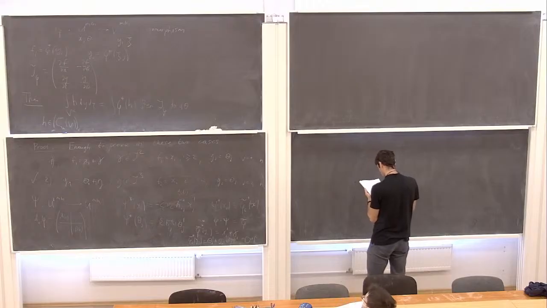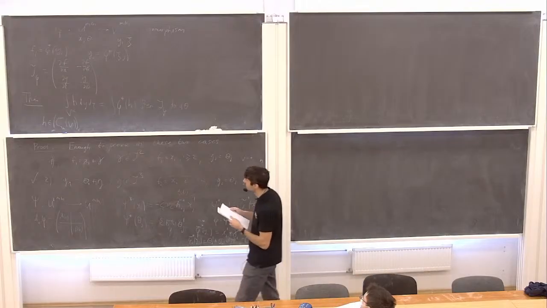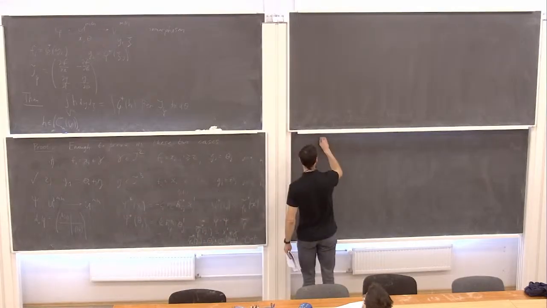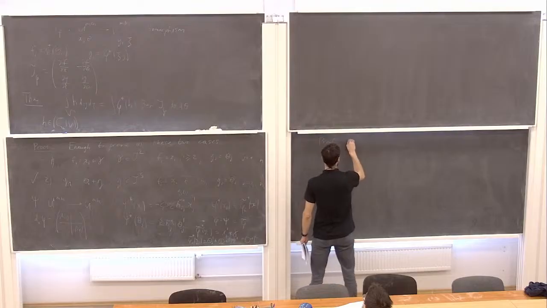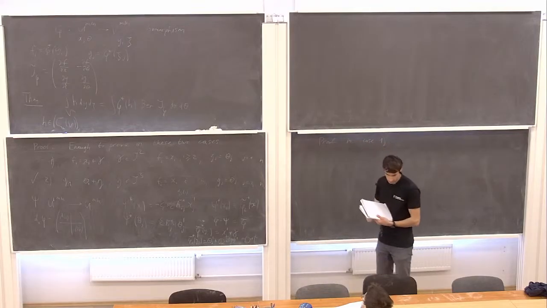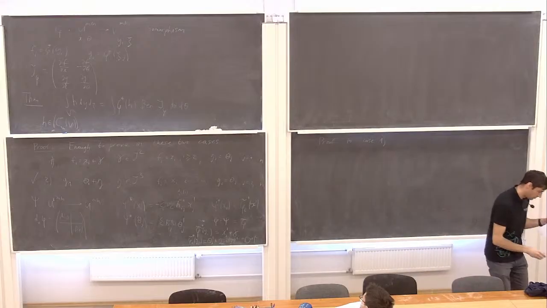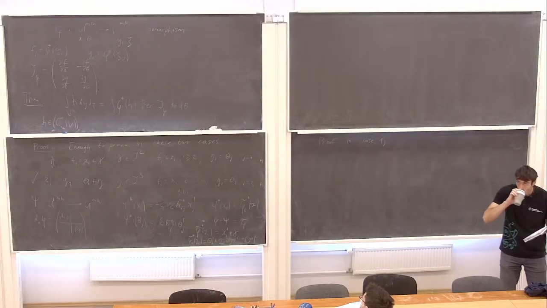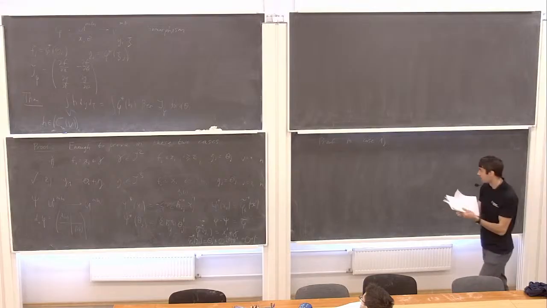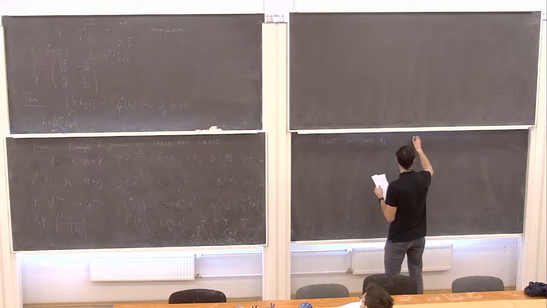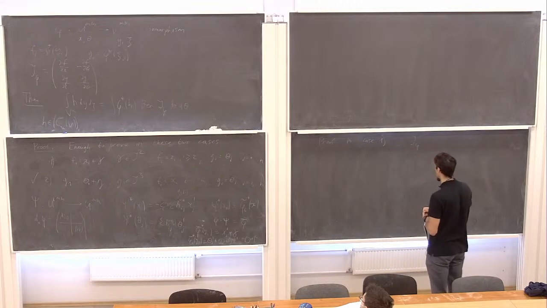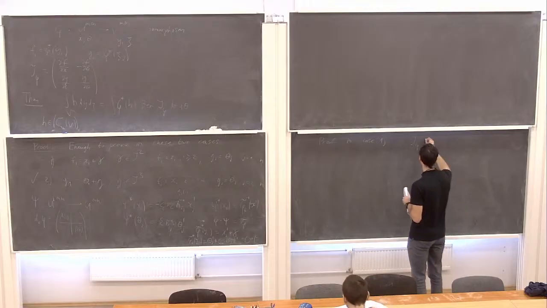Right, in this case I have this gamma. So, proof in case 1. I claim that in this case my Jacobian of phi looks as follows.